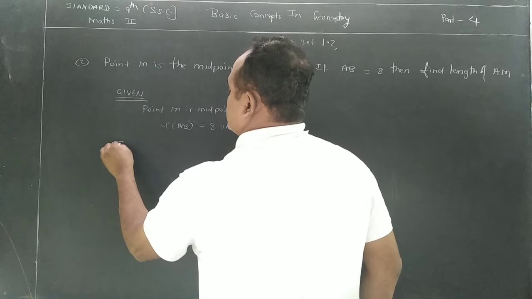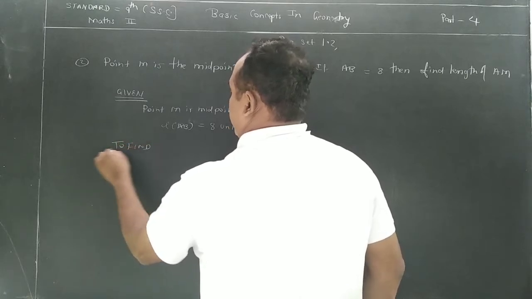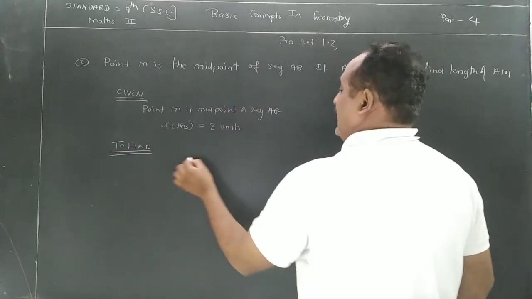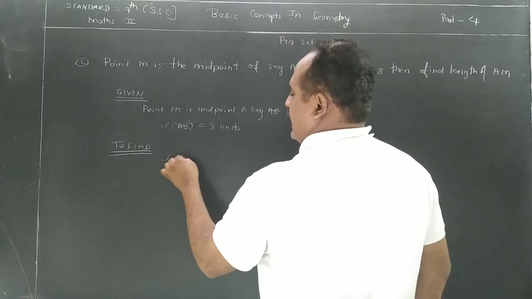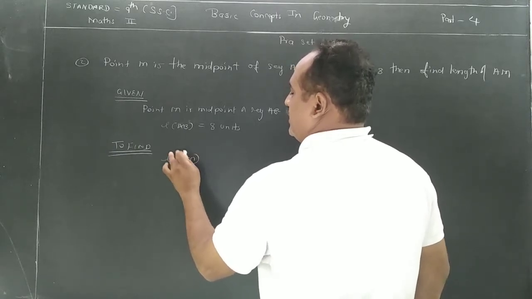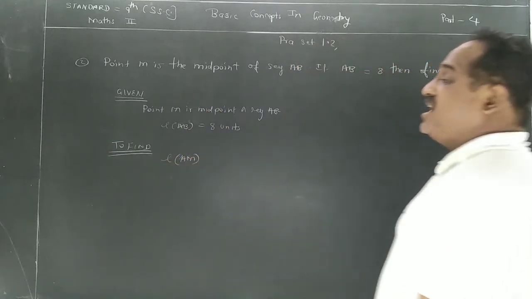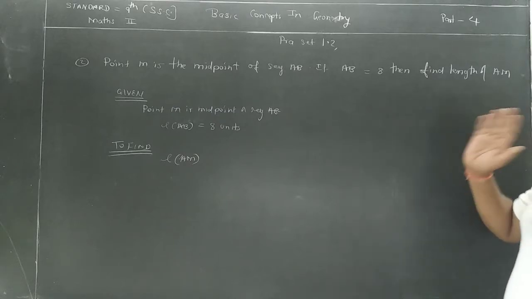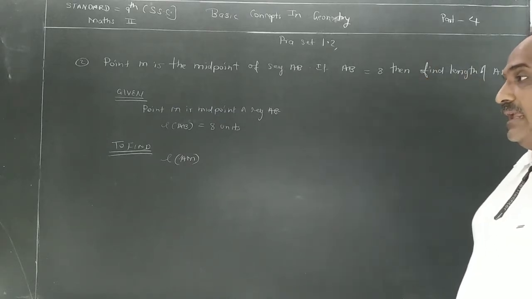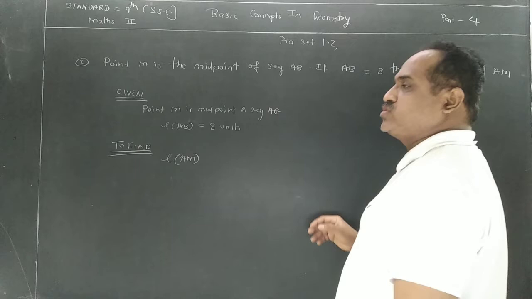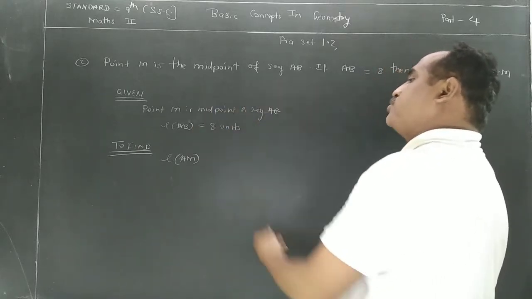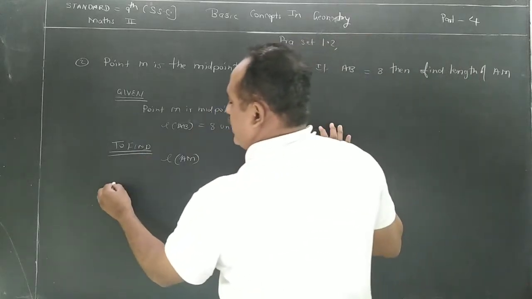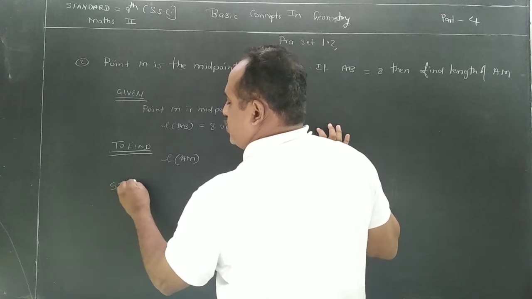And what have they asked to find? They asked to find length AM. When you write given and to find, you are studying the question properly. Then you get an idea how to solve it. Just read it and start. You'll get the marks, no doubt. I think this is the best way to do it.